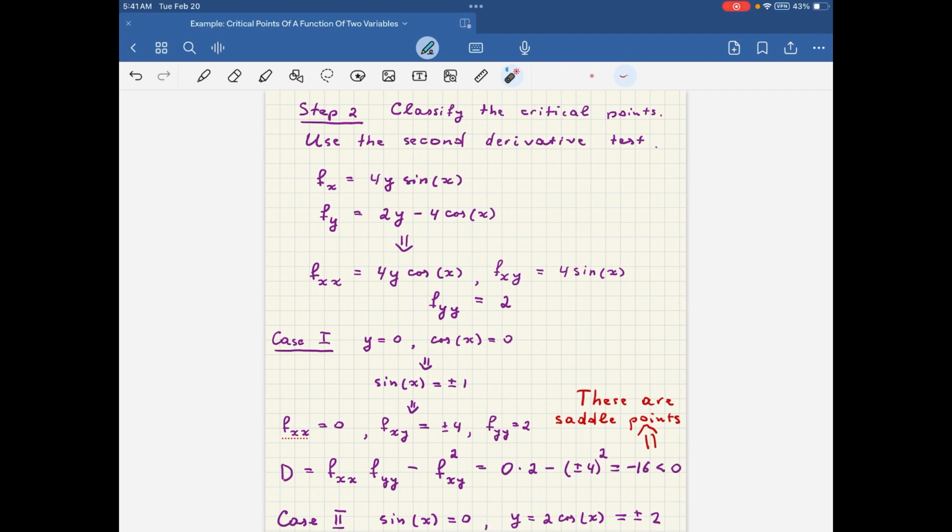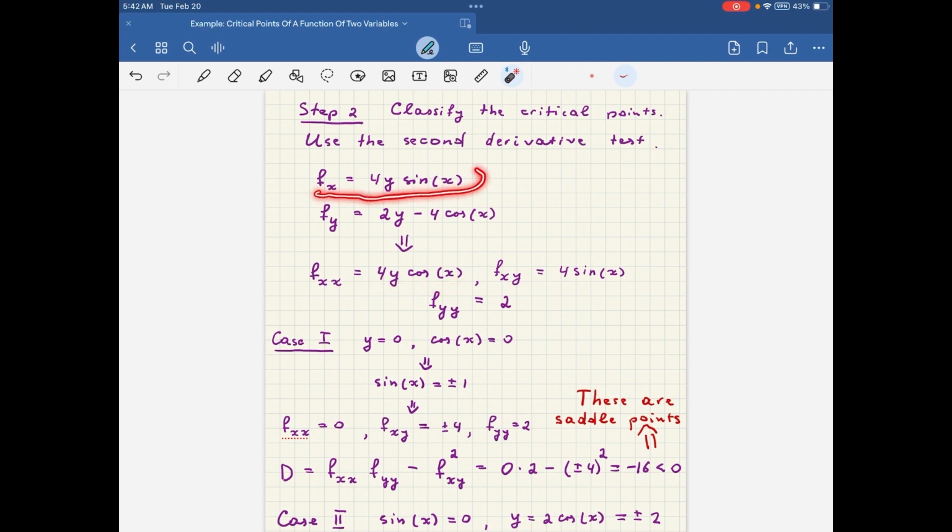First, we need to compute the second order partial derivatives of our function, returning back to our first order partial derivatives. Here they are. And now the second order partial derivative of f with respect to x both times is going to be 4y cosine x. We're differentiating the first derivative of f with respect to x, again with respect to x, thinking of y as a constant, and so that gives us 4y cosine x.